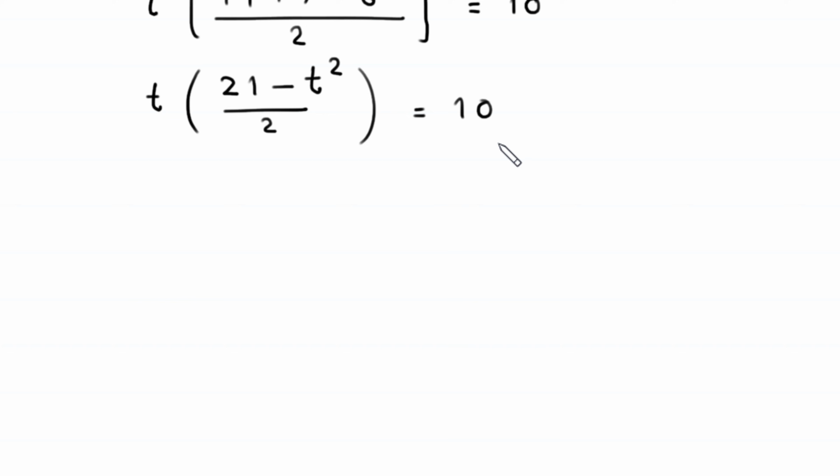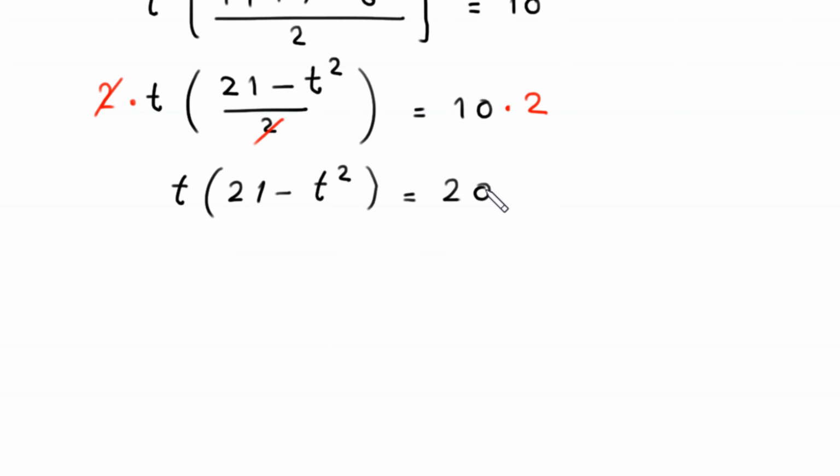Now we multiply both sides of this equation by 2. So this 2 will be cancelled out with this 2, and we are left with t times (21 minus t squared) is equal to 10 times 2, which is 20.